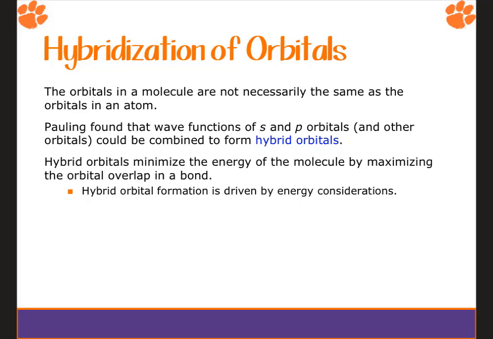And these hybrid orbitals minimize the energy of the molecule by maximizing that overlap. So again, making these hybrid orbitals is just driven by energy. We want things that have the lowest energy. They can make a hybrid orbital, it's lower energy, so it's going to do that.